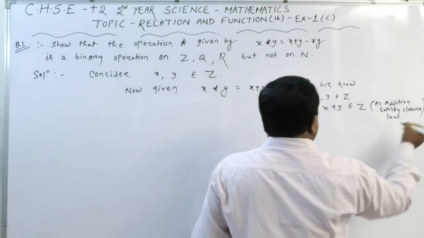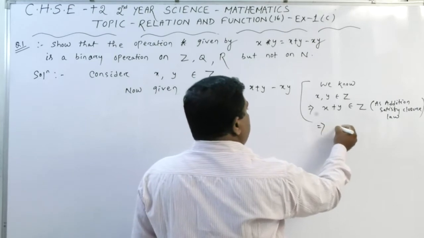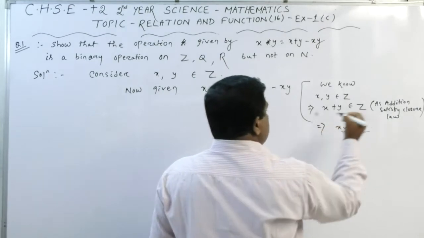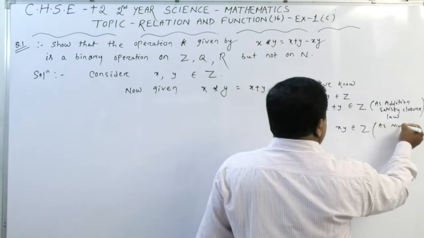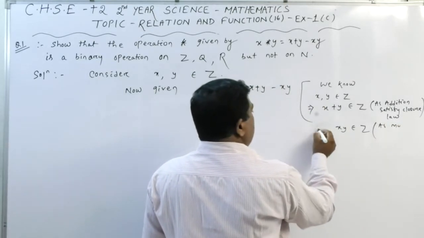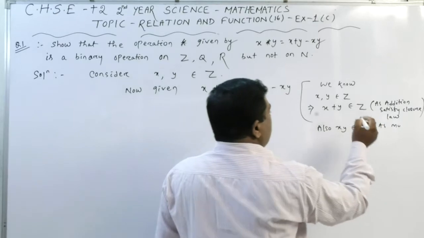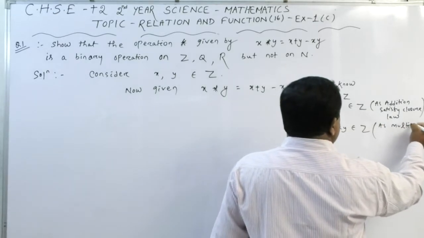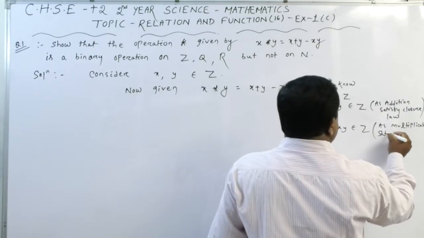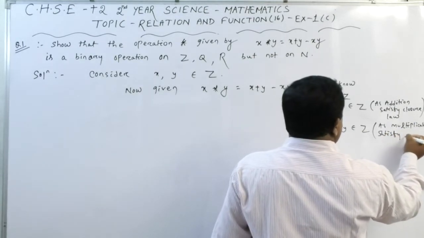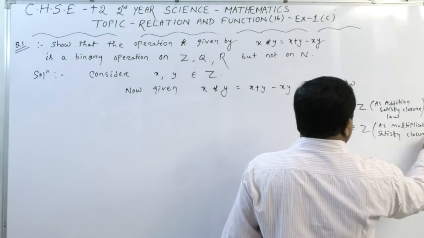Also xy is belonging to Z. Why? As multiplication also satisfies the closure law. Both addition and multiplication satisfy the closure law.